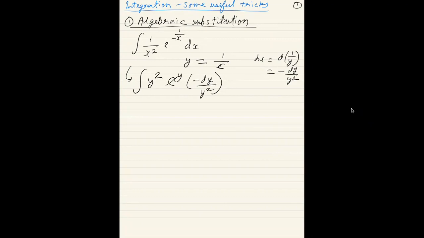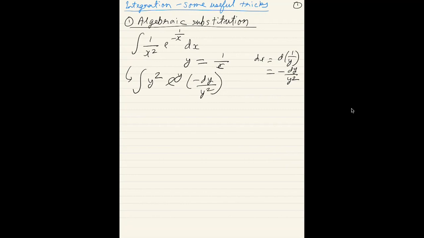The second substitution or transformation that is very useful is a trigonometric transformation. For example, if we're interested in sine square x dx, this is again going to be difficult to do, but if you do know a corresponding trigonometric identity, then you should use it. In this case, the relevant identity is sine square x is equal to half of 1 minus cos 2x.